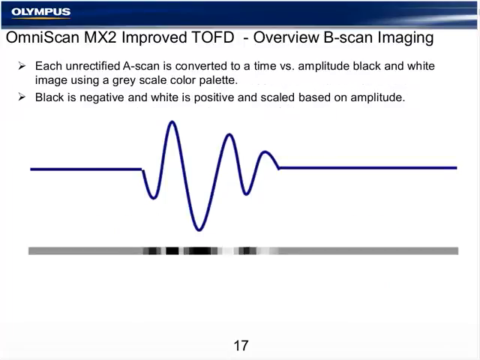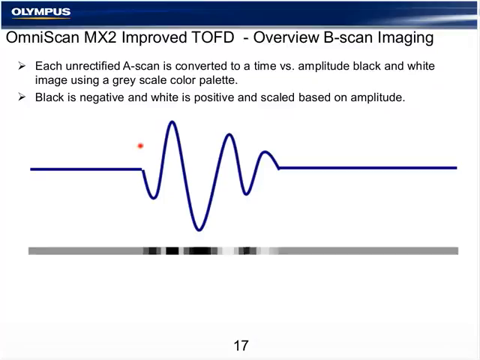So the TOFD B-scan imaging, or the TOFD software that we need to make TOFD useful, uses an unrectified A-scan and converts time and amplitude to a black and white image. Black is negative in the grayscale, white is positive, and then it's scaled in intensity based on amplitude.